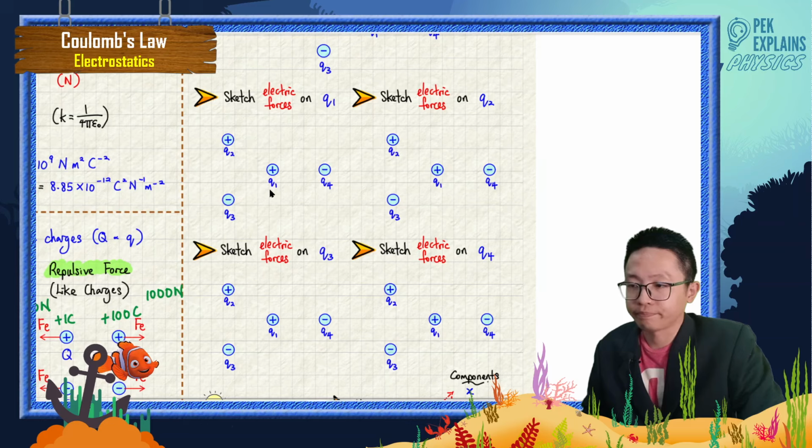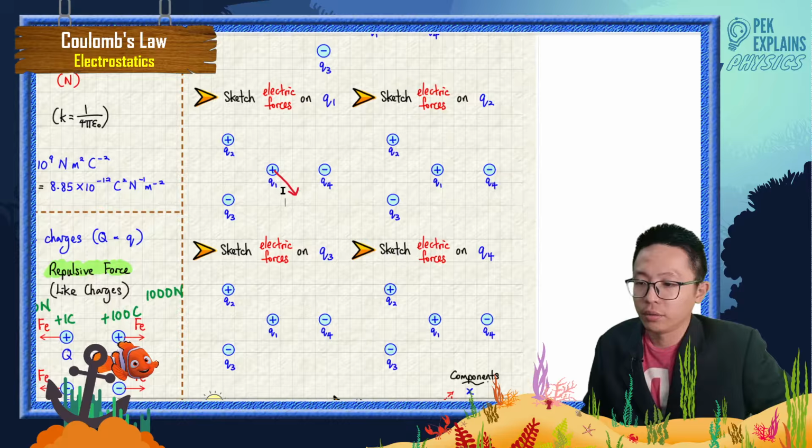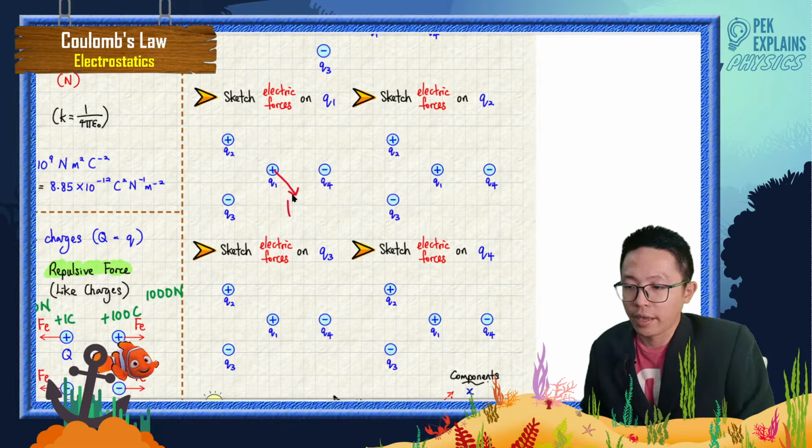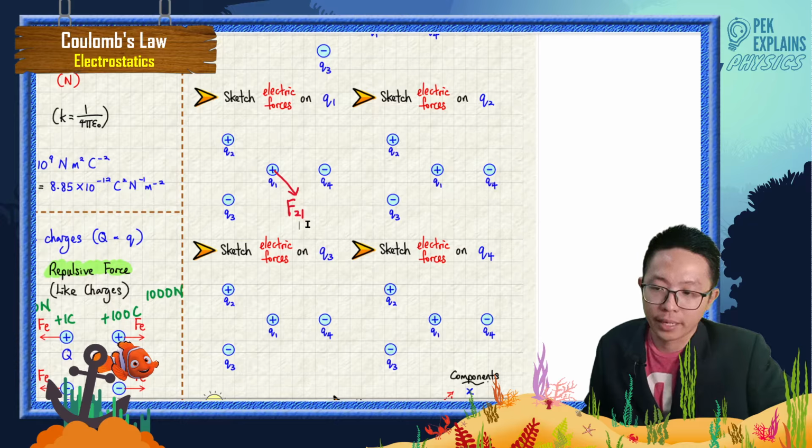So how to draw? Q1 and Q2 repel each other, so away. So this is F21. This F21 means 2 on 1. The number behind is the one who experiences the force.